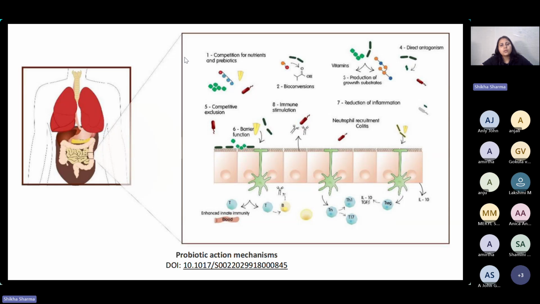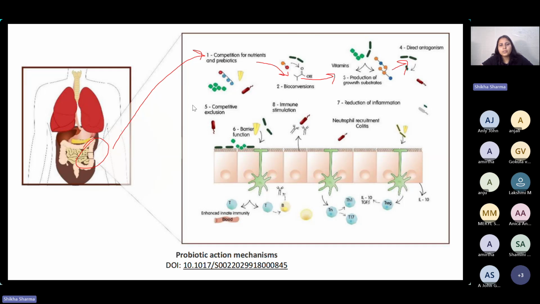First, there will be nutrients in the gut. There will be the nutrients and the prebiotics, and the bioconversions will be there. After that, the production of growth substrates like vitamins, and then the direct antagonism effect.